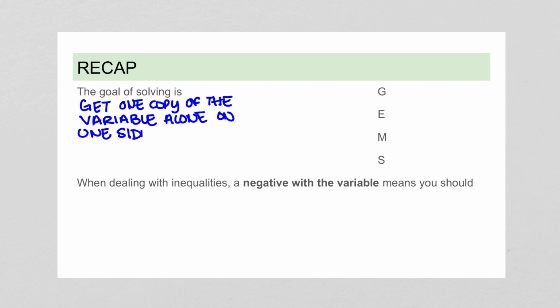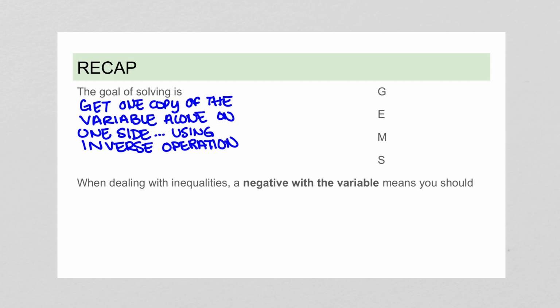So like just an x on one side. How do we do that? Well, we're going to use inverse operations. So operations, what are operations? They're addition, subtraction, multiplication, division.